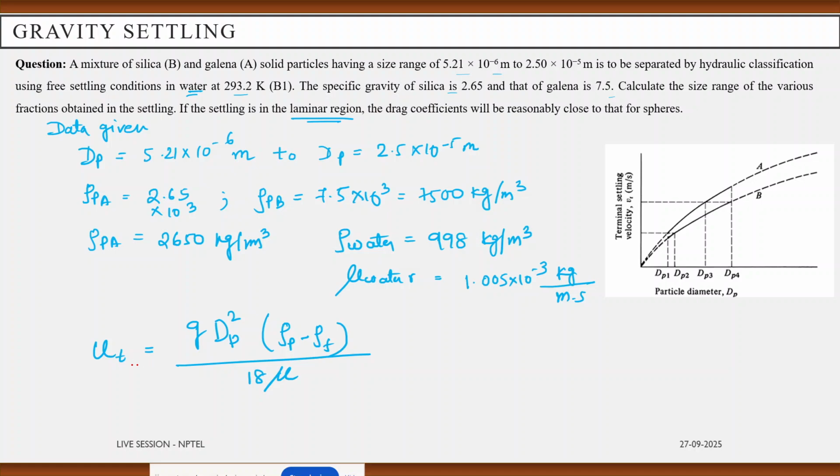If you apply this equation for particle A, what will be the value?